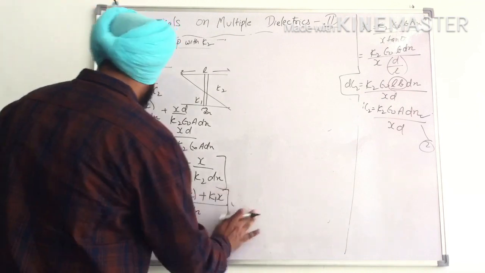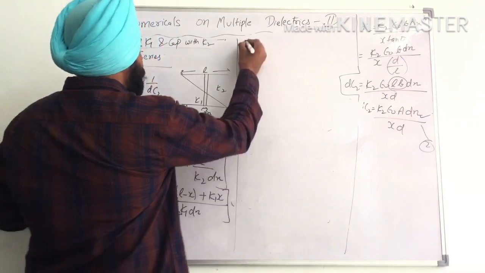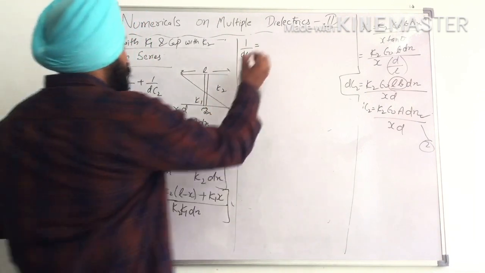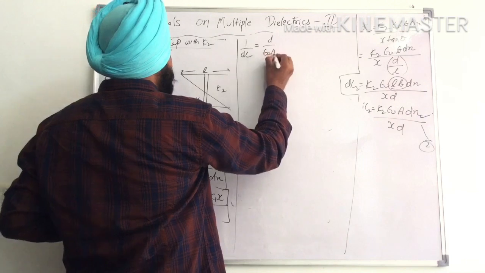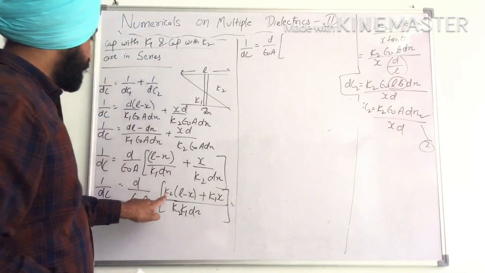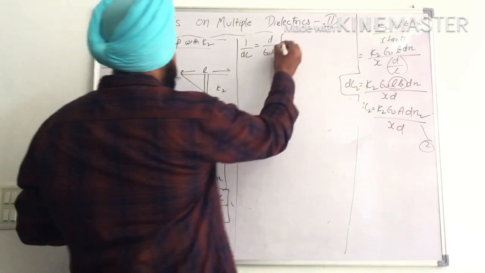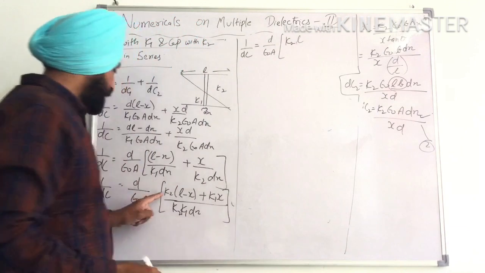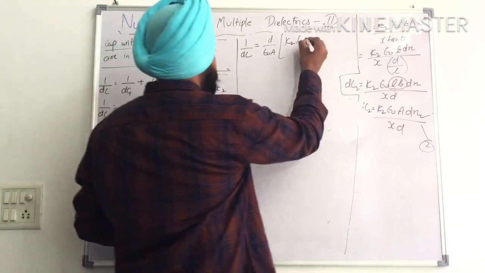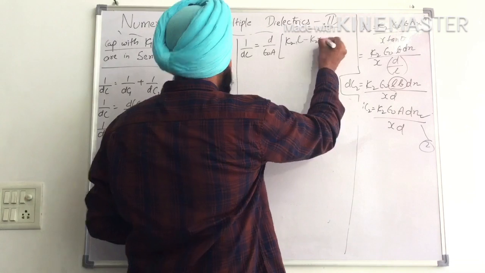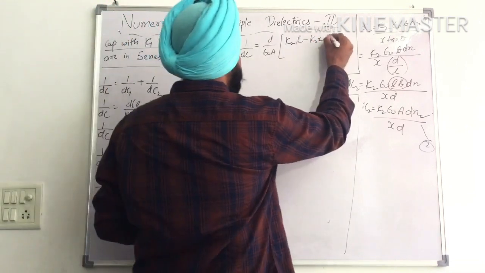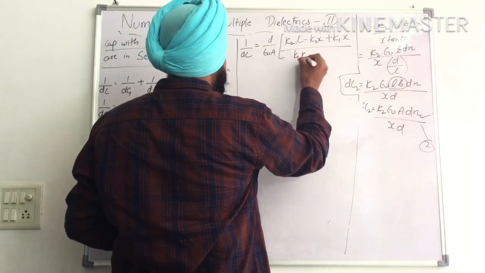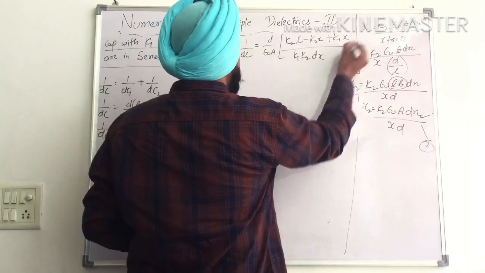So what we will get, 1 by DC is equal to d by epsilon naught A. This is K2x. I can write it as K2L minus K2x plus K1x divided by K1 K2 dx.